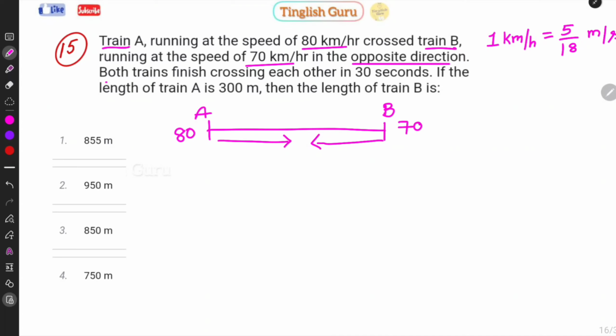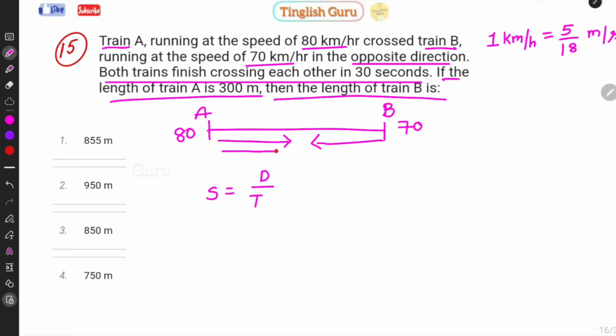Both trains finish crossing each other in 30 seconds. If the length of train A is 300 meters, find the length of train B. First of all, speed is equal to distance travelled by time, right? Here, as both trains are moving in opposite directions, the speeds will be added.